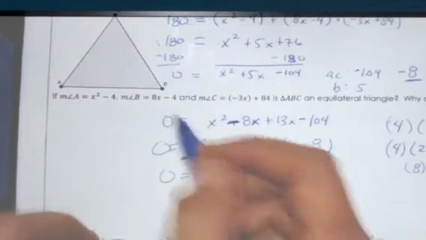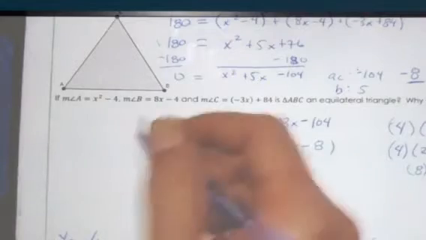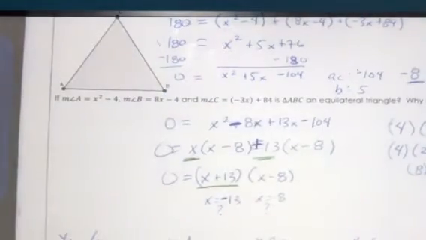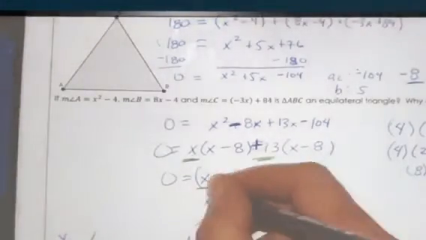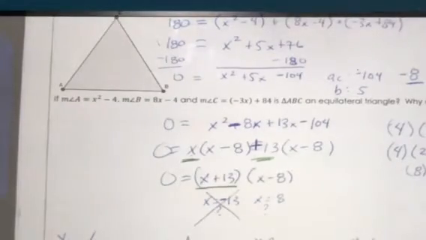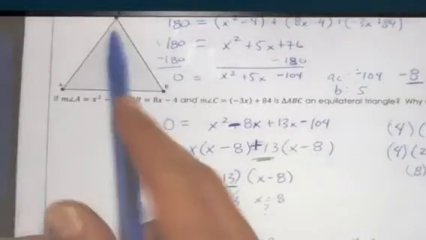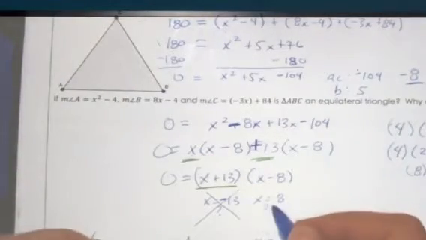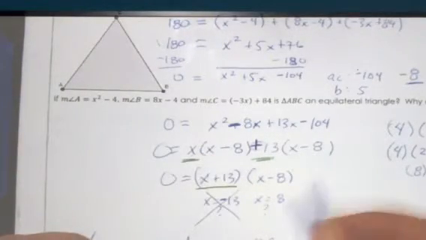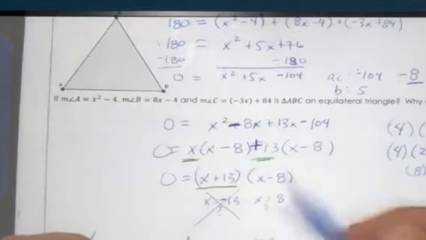So because x equal negative 13 leads us to a negative value for the measure of angle B, we won't be able to use it, because we must have angle measures that are positive in a triangle. So now x equal 8 will work, or at least let's test it and see that it does work.